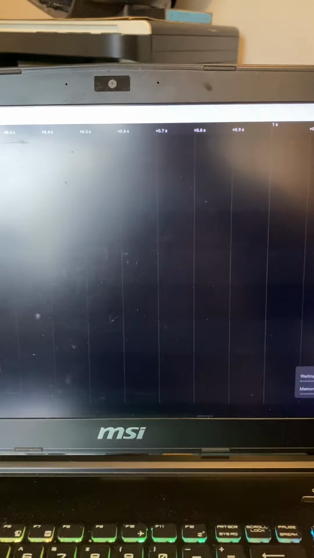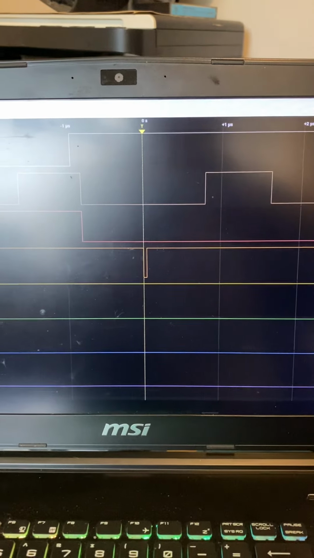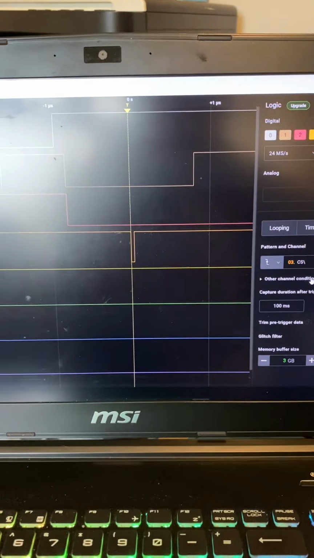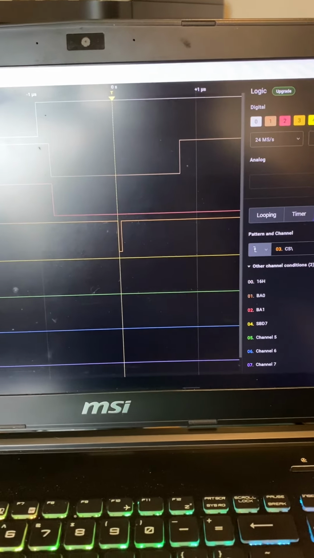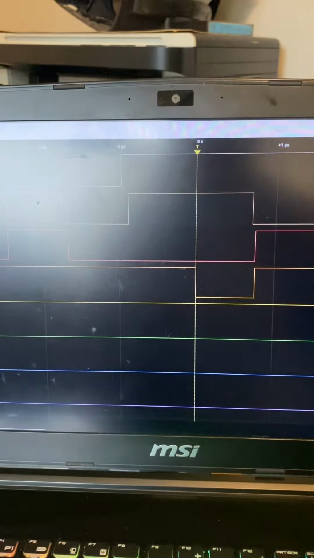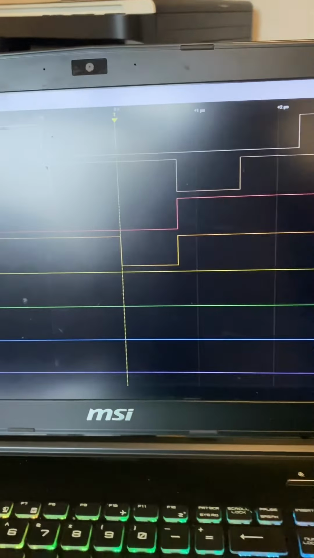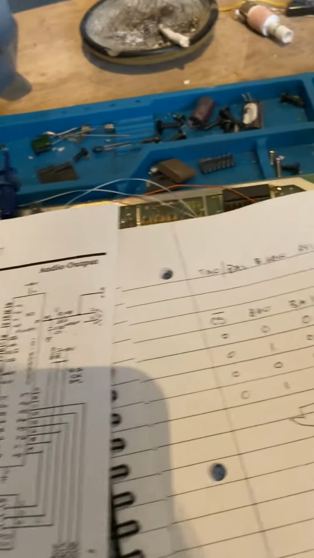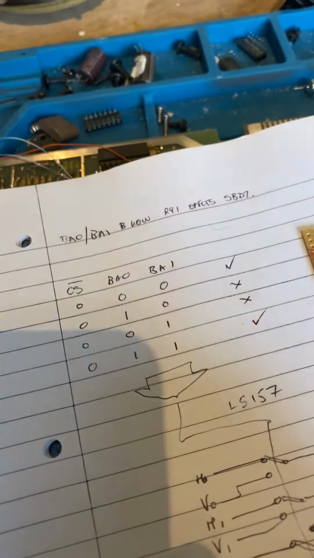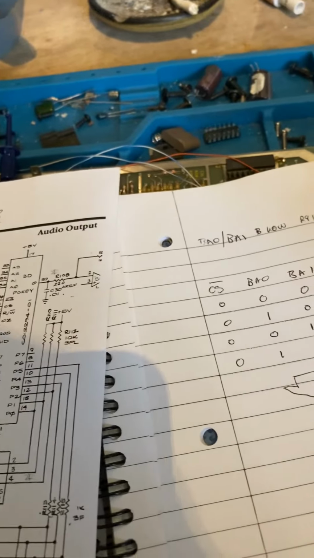Bing, bing, bing. That happens quite quickly. And that other condition, what was it? BA0 high. And that one's happening as well. So that's a bit peculiar, because a minute ago it wasn't doing that. I'd actually got it as this.